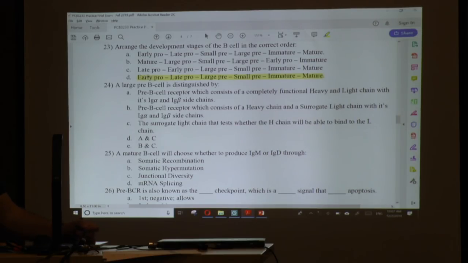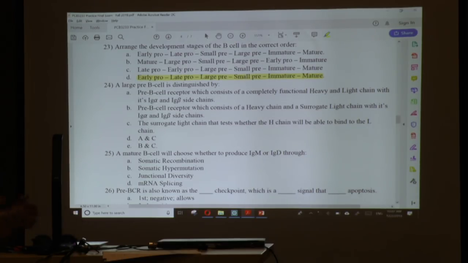Then, in the early pro, basically you're doing the D and J recombination. Then late pro is V to DJ. Then in the large pre, you're checking if the heavy chain you just made works, right? With the pre-BCR, the surrogate light chain. And then small pre, you work on the light chain, the V and J recombination.